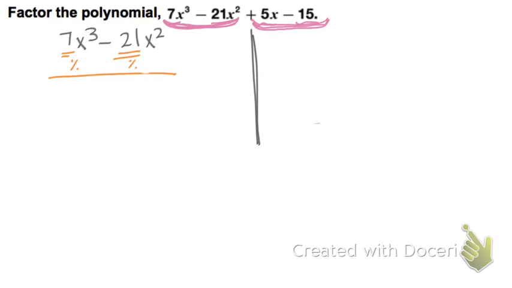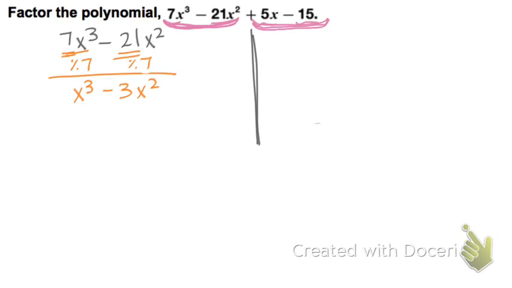My goodness, I can divide them both by 7. So when I write that down here, 7 divided by 7 cancels out, so I'm just left with x to the third. Negative 21 divided by 7 is negative 3, x to the second. So far, I've factored out a 7, and this is what I have left.